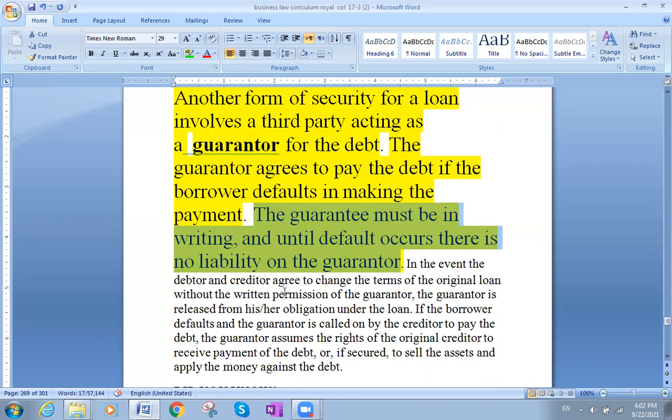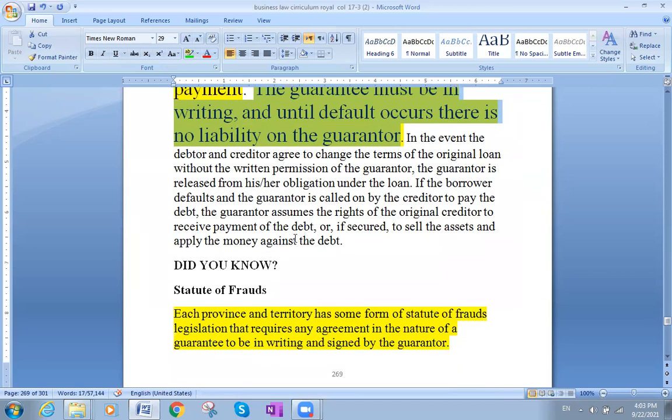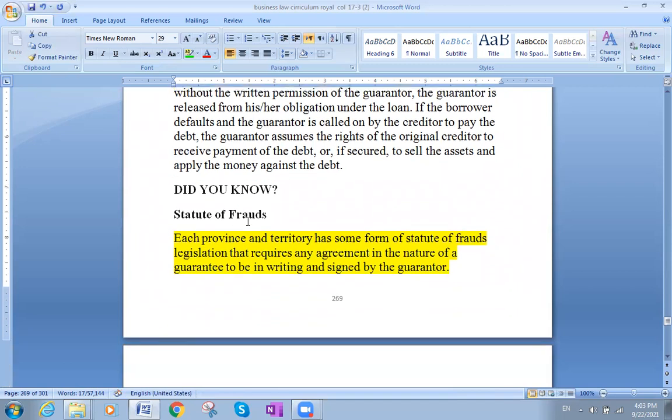In that case, the guarantor is the one who will pay instead of the person who took the money.